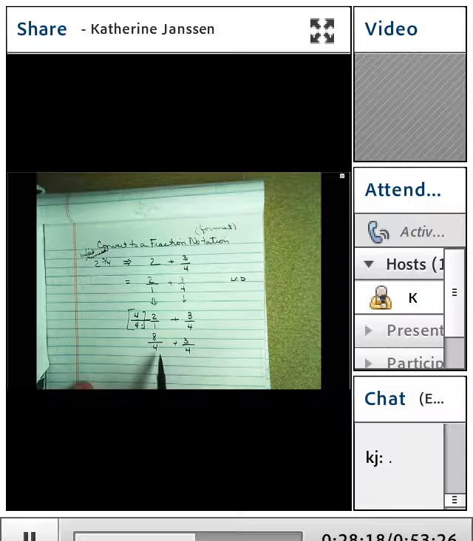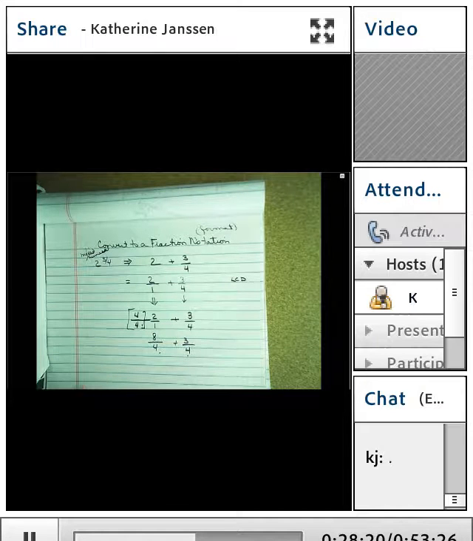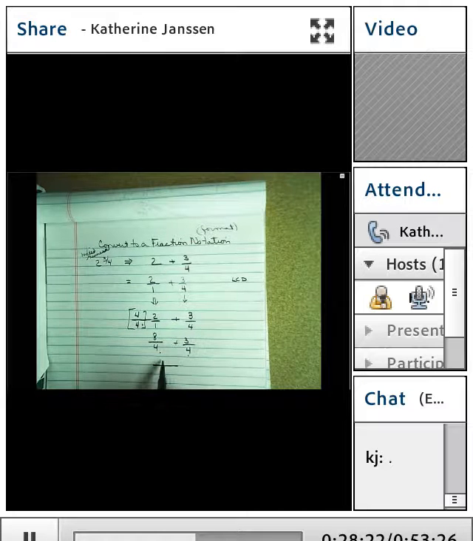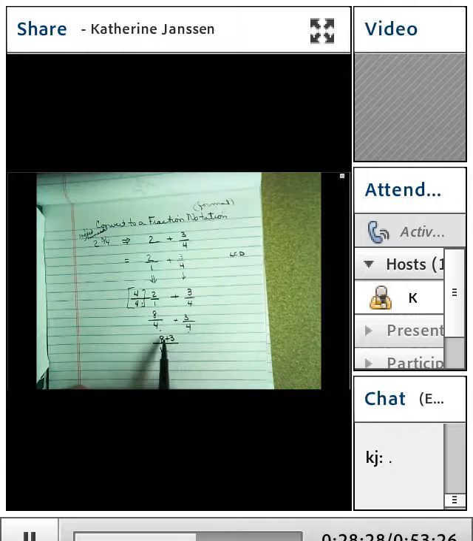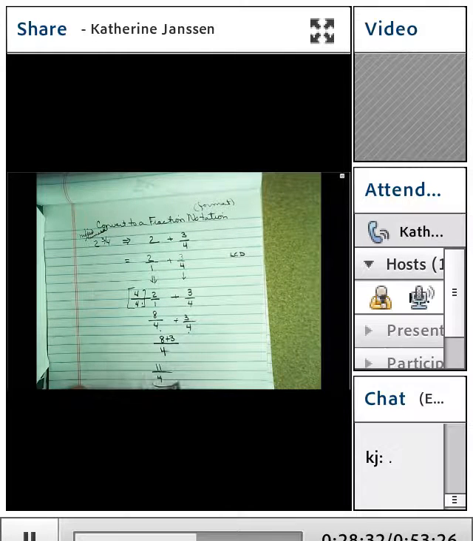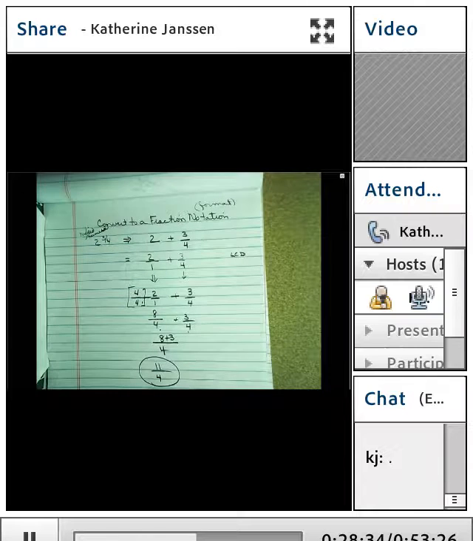Now I have common denominators, so I can add my fractions all over the common denominator of 4. And 8 plus 3 is 11/4. Now, this is in fractional notation. There is a numerator, there is a denominator. They didn't ask for proper or improper.